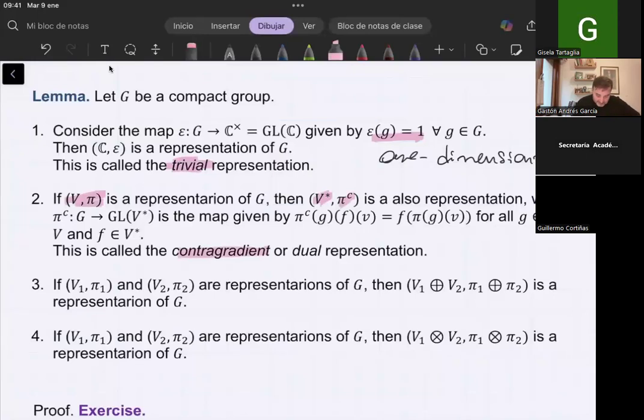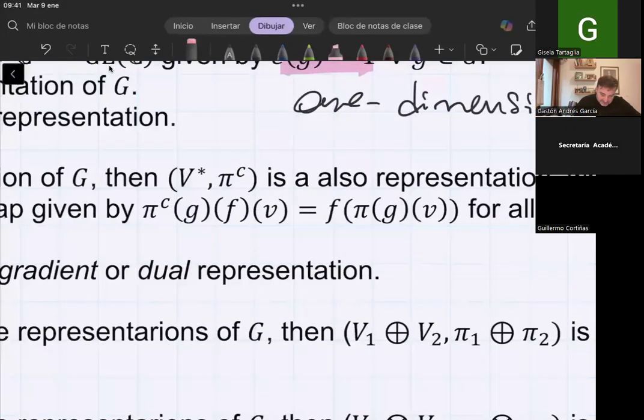And what is the formula for defining the representation? How do we act by an element g on a function f? I don't know why I wrote g and not x. We just act on the element v.